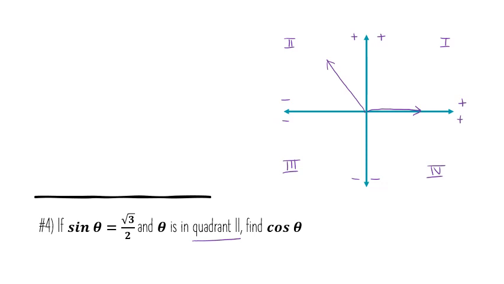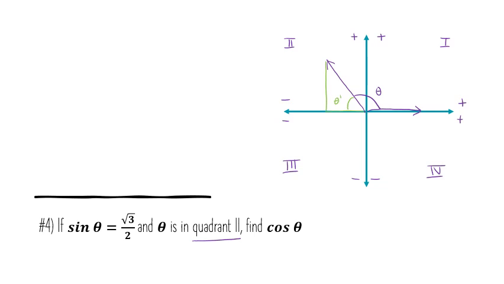So if the sine of some angle theta is equal to the square root of 3 over 2, let's think about what that means. Let's sketch our reference angle theta prime. Here's that reference angle. Let's draw our right triangle. The sine of this is square root of 3 over 2.